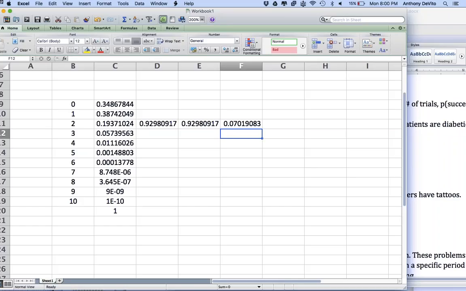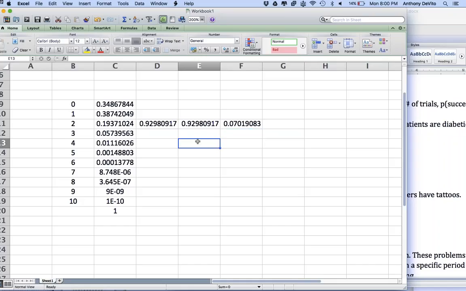What's the probability of getting 4 or more diabetics when I sample this population? 4 or more is the same thing as 1 minus 3 or less. Right? If I had said more than 4, it would have been 5, 6, 7, 8, 9, 10. If I say 4 or more, then it means 1 minus probability of 3, 2, 1, or 0. Right?